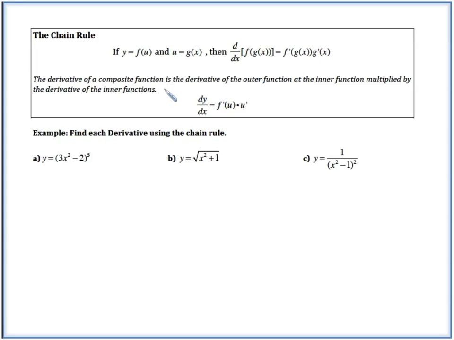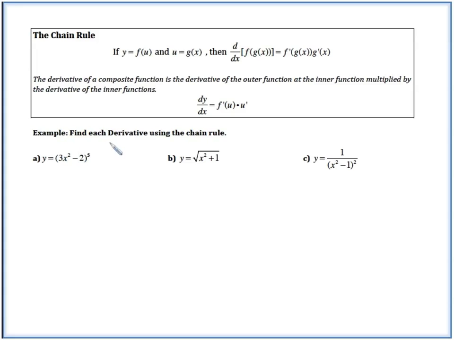So it's a lot easier, I think, if we talk about that inner and outer function. So the derivative of a composite function is the derivative of the outer function at the inner function multiplied by the derivative of the inner function. So here's another way to look at it. The derivative is f prime of u times u prime.